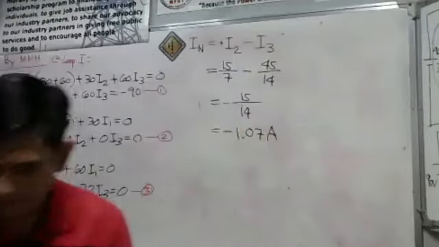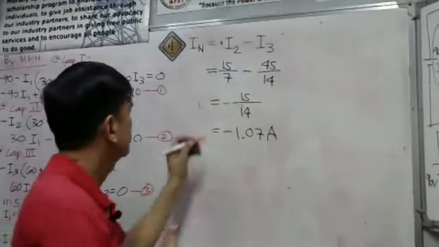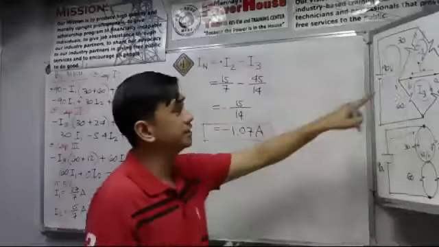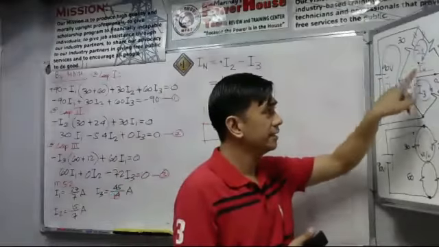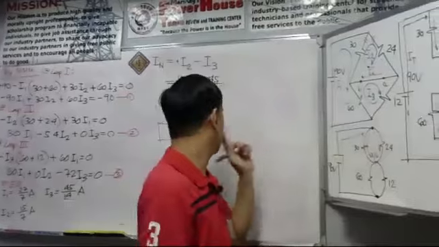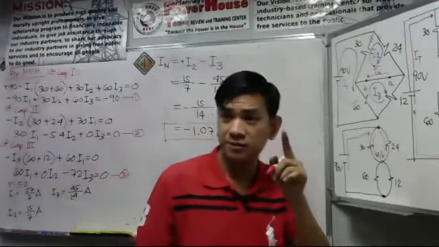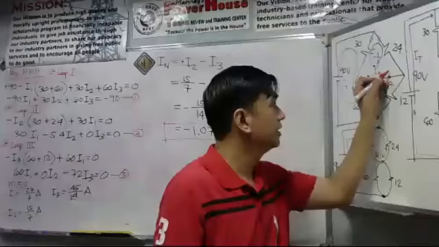Okay, we have a negative value here for our I sub n. What do we mean by that? I only assumed this current is going to the left. Actually, this negative means you have a wrong assumption. There's no problem with it.